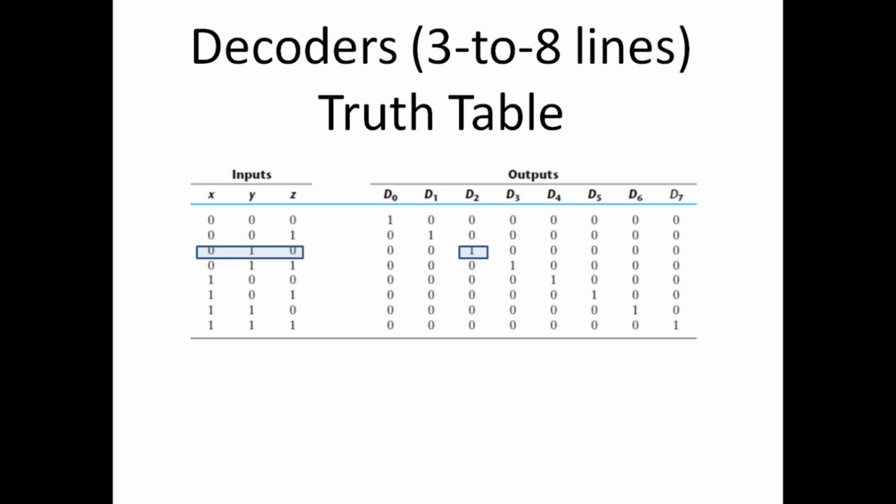When the input is 0, 1, 0, then only D2 would be 1, all others would be 0. And similarly for all other input combinations, and at the end it would create a diagonal of outputs. So whenever the value of the input increases, the higher output gives 1 and all of the rest would give 0. So this is the truth table of the 3 to 8 line decoder.